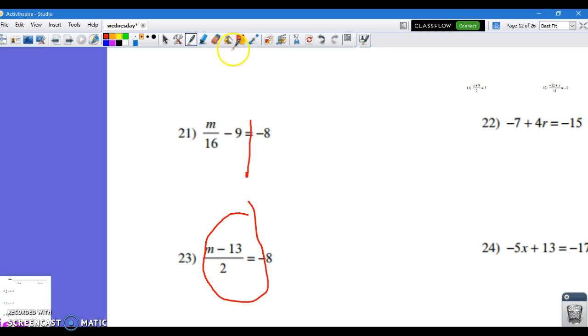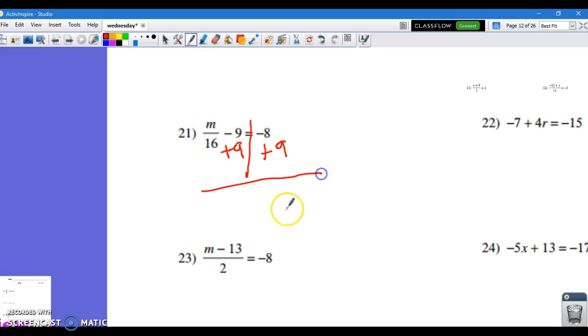So if it's not a junk in a trunk fraction, we're going to add or subtract first. I'm going to add this 9 out, because the subtraction is already there. What I do to one side of the street, I must do to the other. I'm going to bring down my M over 16. Remember, that cancels out. -8 plus a +9 is going to give me a +1.